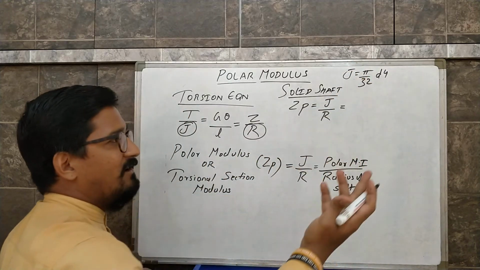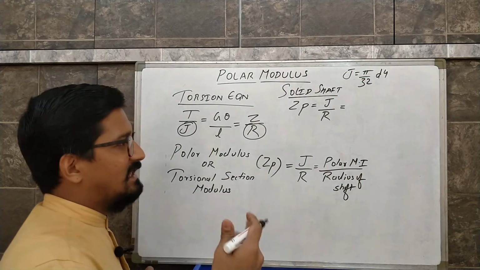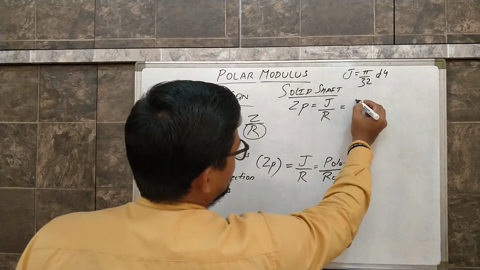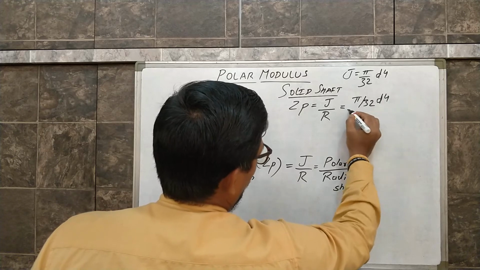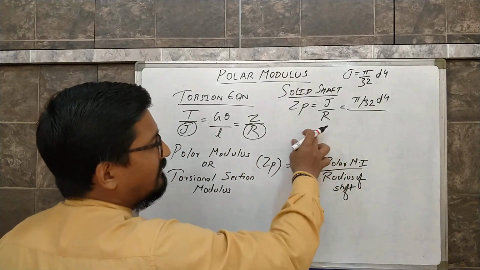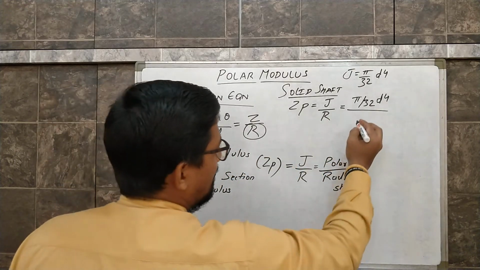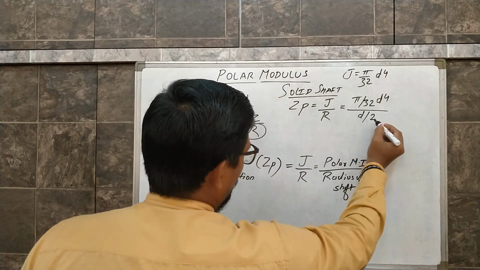This we have already derived in my last video. You can refer to that. So J will be pi by 32 d raised to 4 and R, radius of the shaft, can be written in terms of diameter, so it will be d by 2.